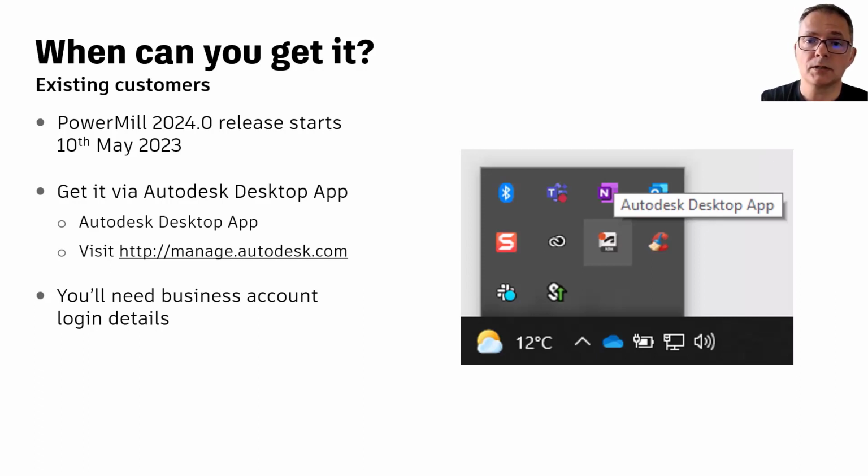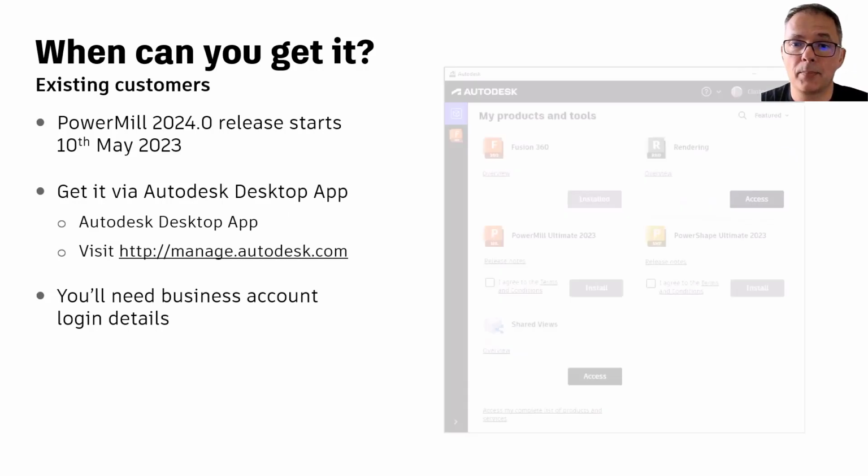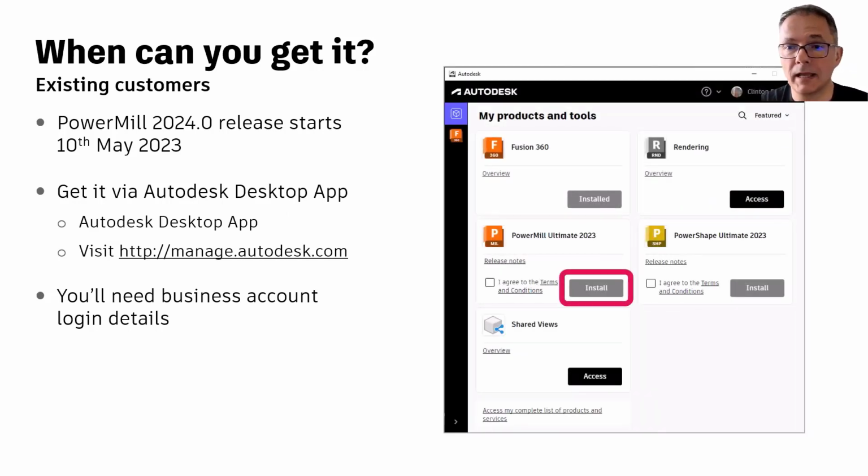So you can launch the Autodesk desktop app simply by clicking on the small Autodesk logo in the Windows taskbar. Open the app that launches, simply log in using your login details, and you'll see a list of the Autodesk subscriptions that you have purchased. Pick the product you'd like to install. In this case, it's PowerMill 2024, and then click Download Update.